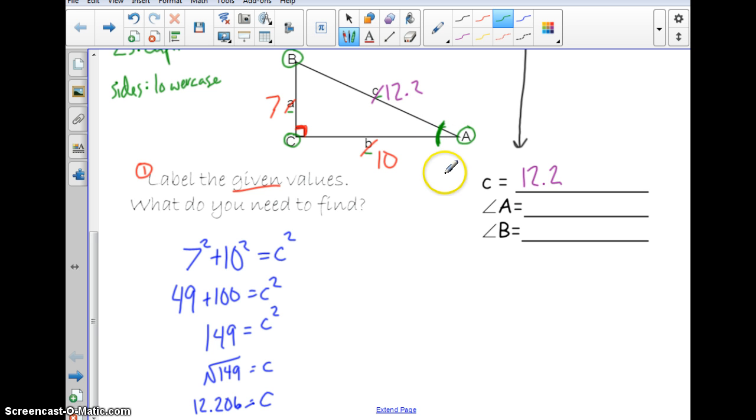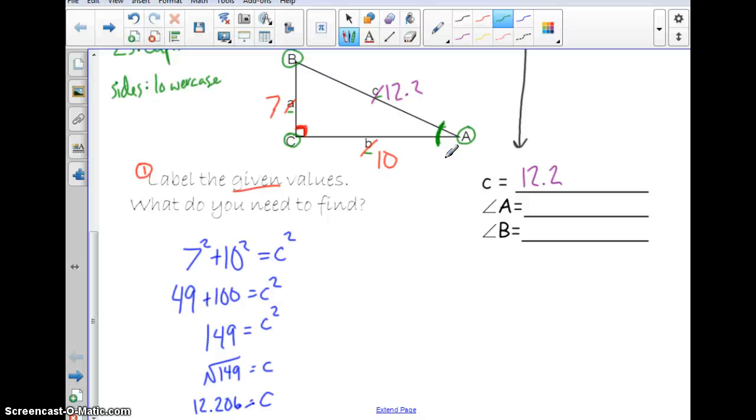Because I'm going to need to use some trig functions. Now let me take a minute to talk to you about the sides that you choose to use. As much as possible, you should always use sides that have measures which are exact and not measures which you have rounded. So for example, in this case, I know that A is exactly 7 and B is exactly 10.